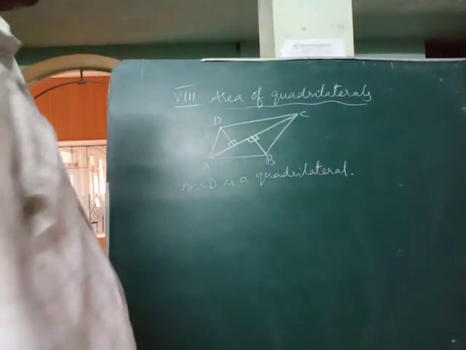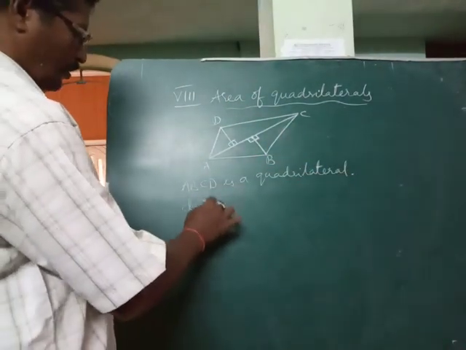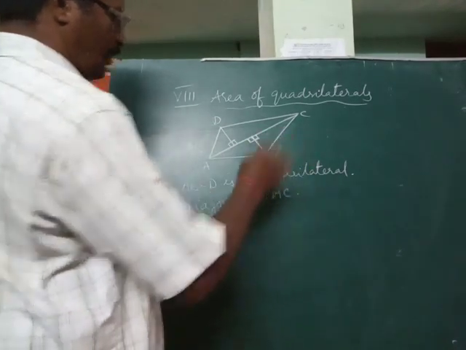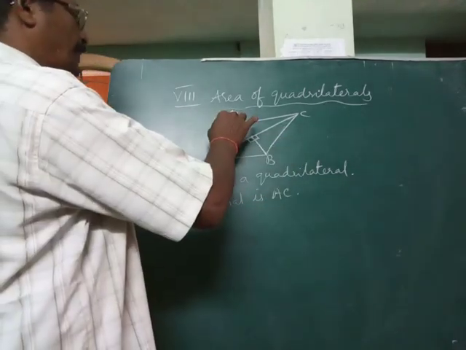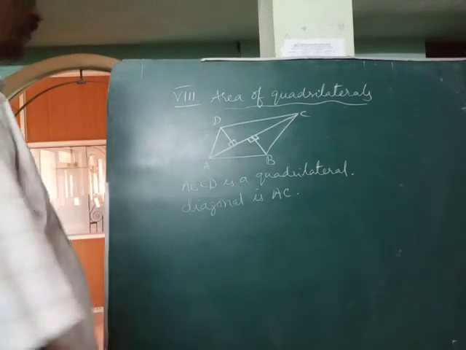See, once again, ABCD is a quadrilateral. Diagonal is AC. This is the perpendicular line. This is one more perpendicular line.